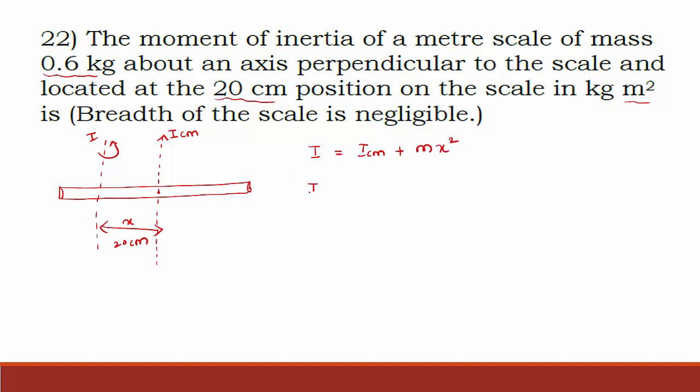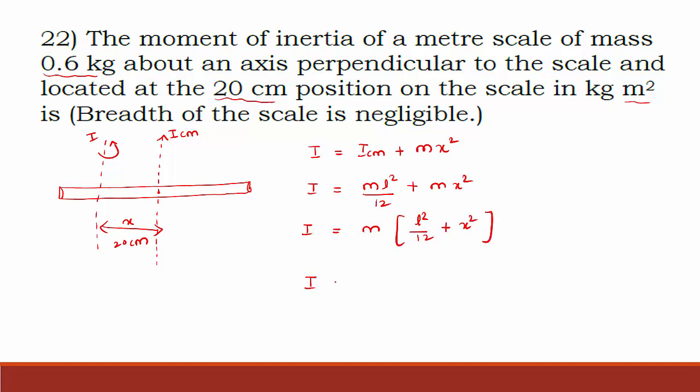Substitute the value: I equal to the moment of inertia for a meter scale passing through the center of mass, which is given by ml square divided by 12, plus mx square. Keep as it is, or we can write I equal to m, which is common, taking outside, remaining is (L square by 12 plus x square).